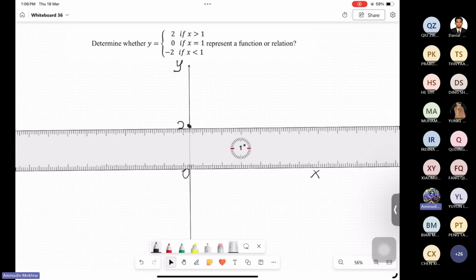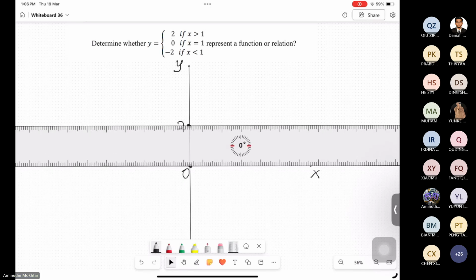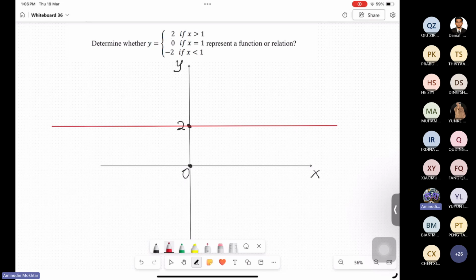Now we draw the horizontal line y equals 2.